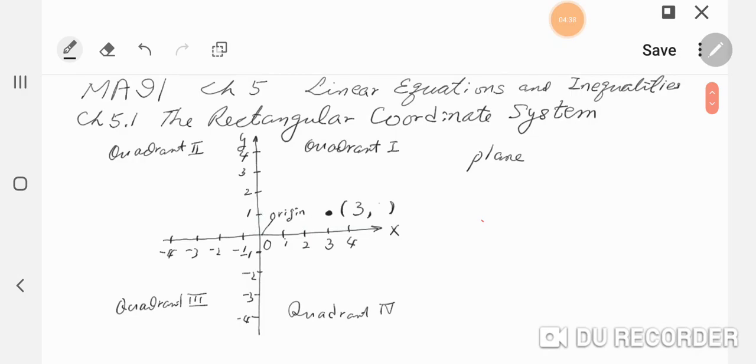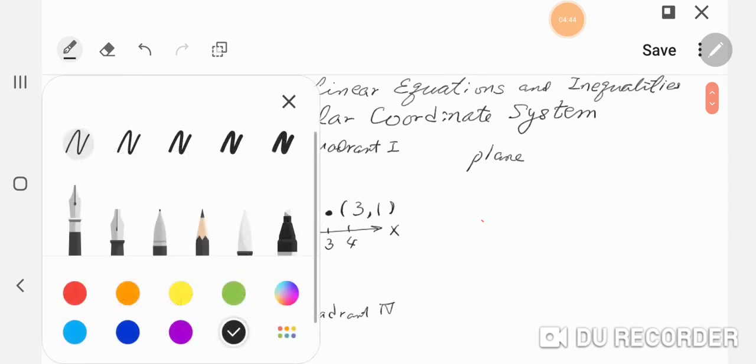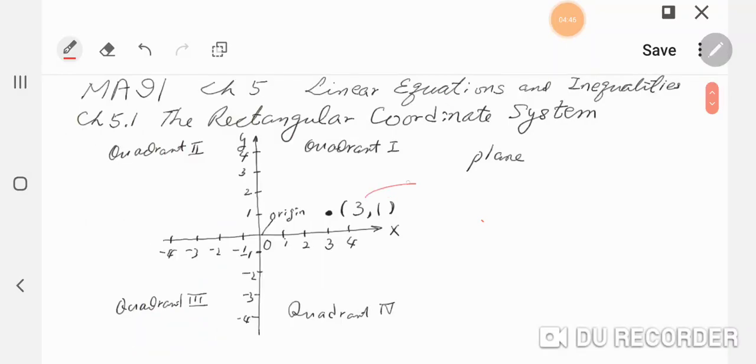So the y value is 1. This is the address of this point. This value is called the x coordinate, and the y value is the y coordinate.